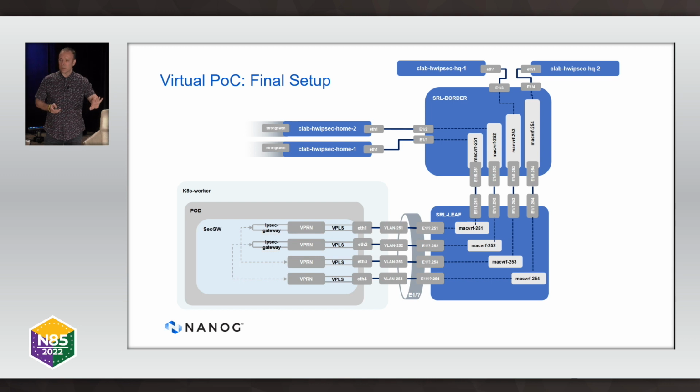Everything from Kubernetes. We didn't touch any device at all, not even the virtual security gateway. The virtual security gateway also was fully set up from Kubernetes. And that took us only 5 minutes to be more exact.